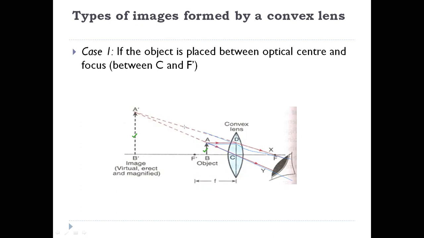If you bring these rays backward in a straight line, they will meet at a point, and that point is the image formation of a convex lens. So when the object is between F and P, the image formed is virtual, erect and magnified. This is the first case.